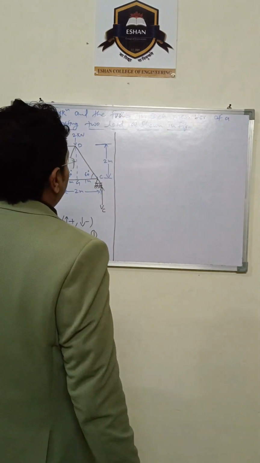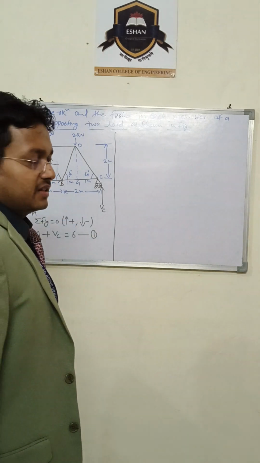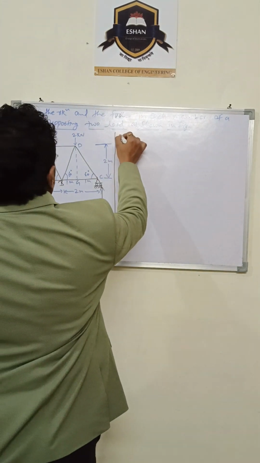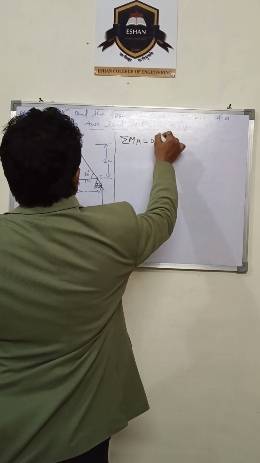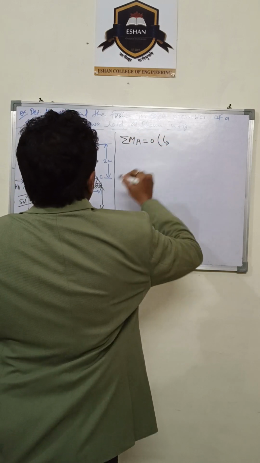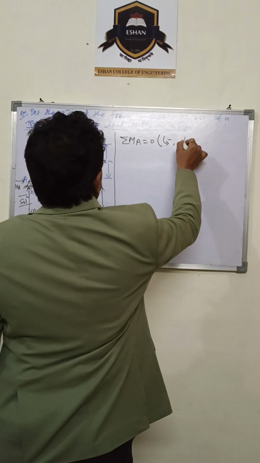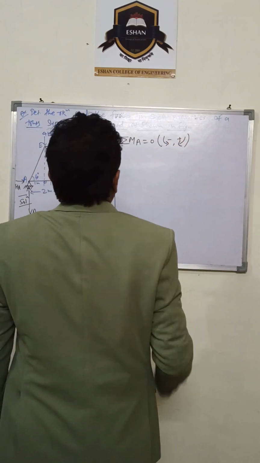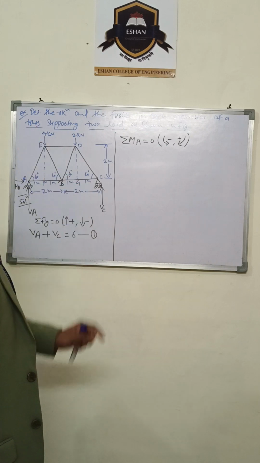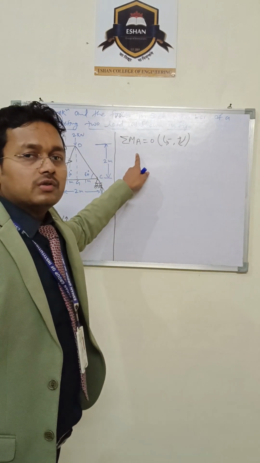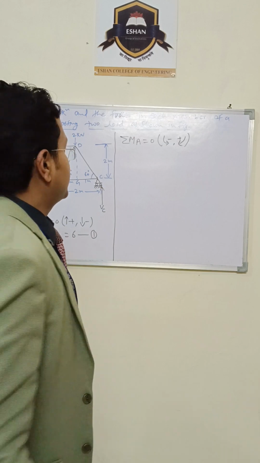Take the moment about any support. Take summation of MA equal to 0. Consider anticlockwise negative and clockwise positive. At A point all forces will be 0. Moment means simply force into perpendicular distance.